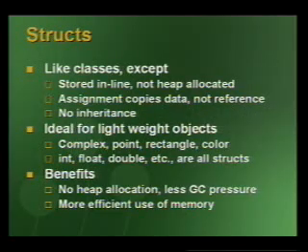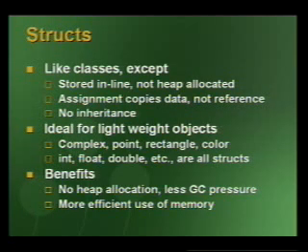So I talked already about how there are some key differences between classes and structs, but the easiest way to think about structs is really to say they're like classes, except they're stored inline, they're not allocated on the heap. When you assign one struct to another, we copy the data, not the reference. And there's no inheritance with structs, or rather, all structs implicitly inherit from type object.